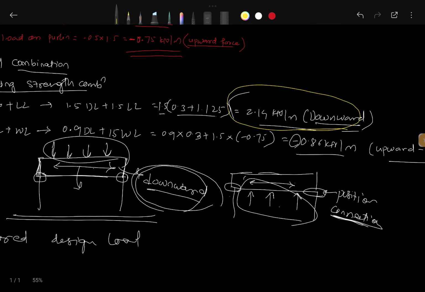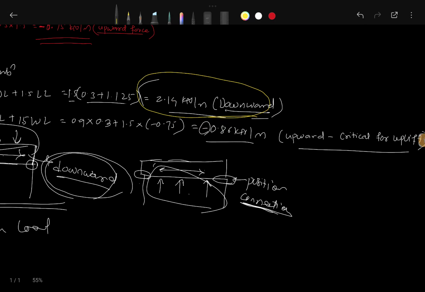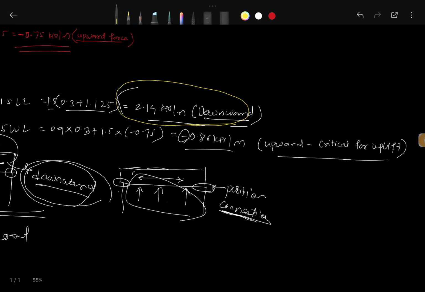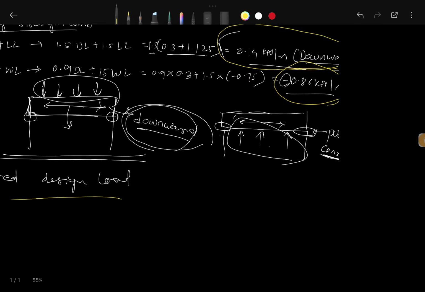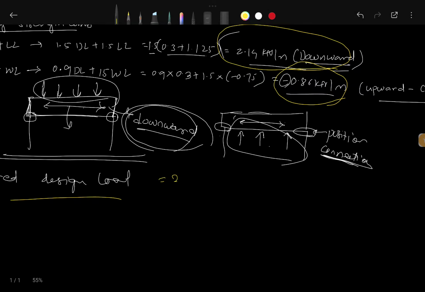If you see, this is 2.14, and the upward force is critical, but this value is very less, minus 0.86 kilonewton per meter. So that's why we generally focus on downward load, this 2.14 kilonewton per meter.